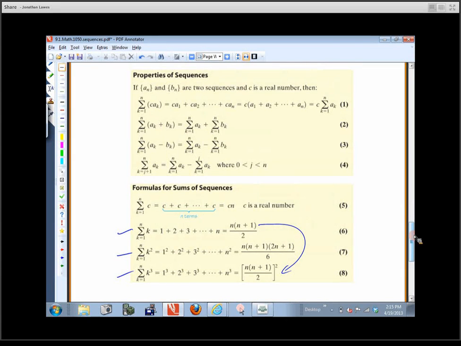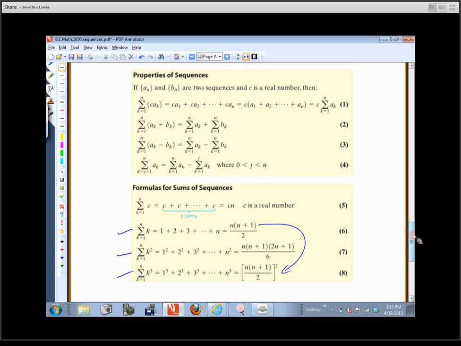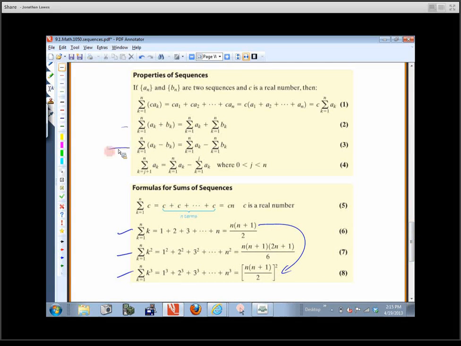I want you to take a look at these two right here. This is called the sum and difference property for summations. If you've got 2 terms that are added together, you can find the sum of the first one and the sum of the second one and just add the answers together. Same thing with subtraction. Find the answer to the first one, find the answer to the second one, and just subtract them.